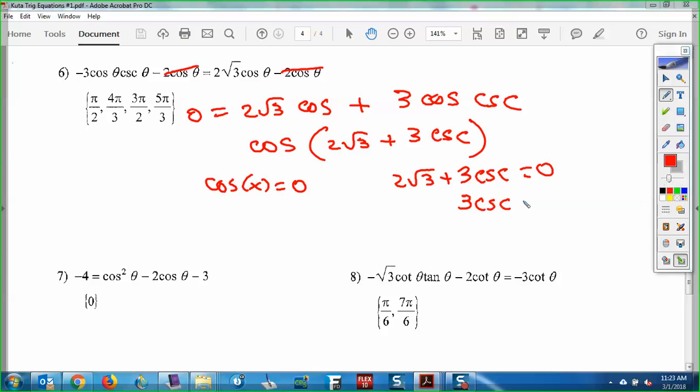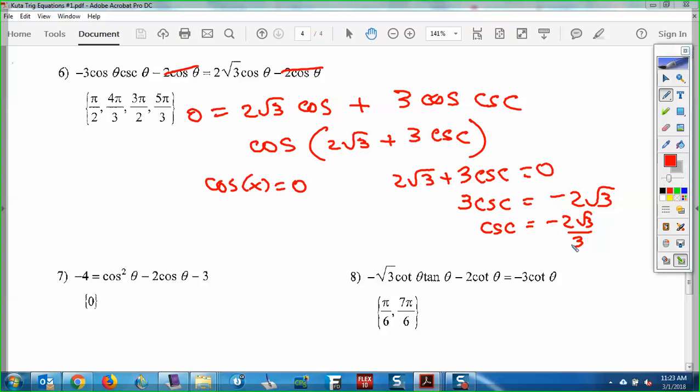So 3 cosecant equals negative 2 root 3. Cosecant equals negative 2 root 3 over 3. Which looks weird, but that's okay, because it's cosecant.